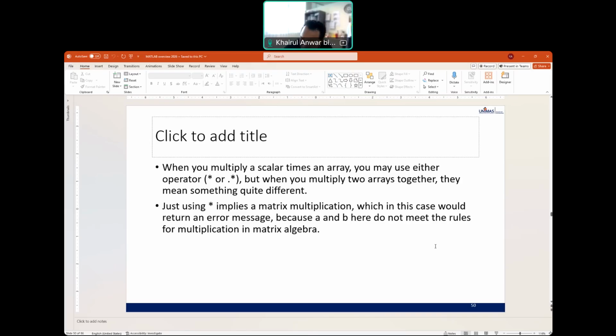So if you want to multiply two arrays or two matrices, you need to use dot multiplication. But if you want to multiply numbers with an array or matrices, you can use either, you can just use the normal multiplication.